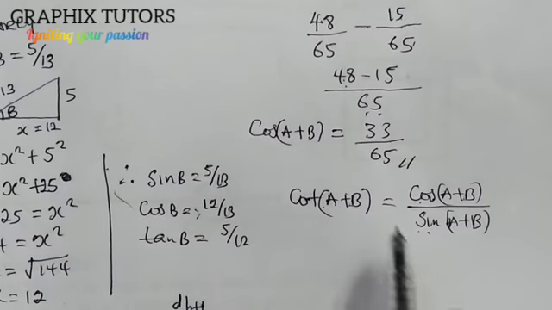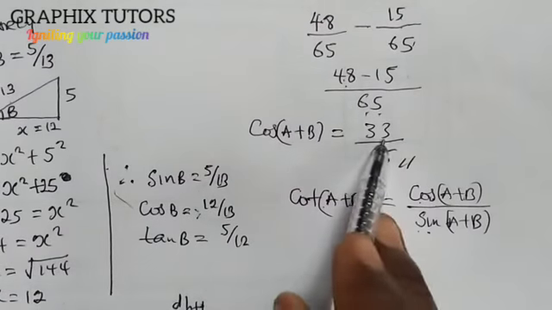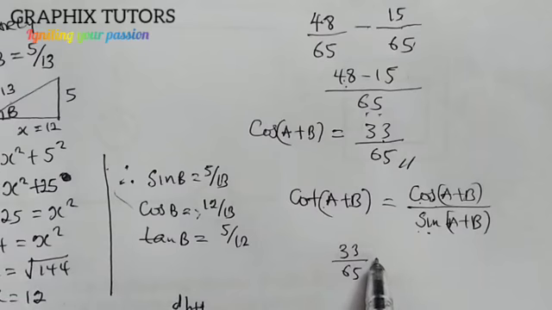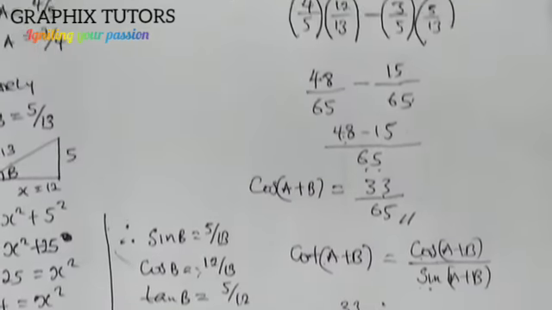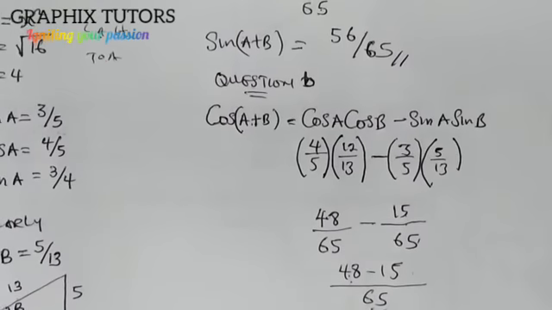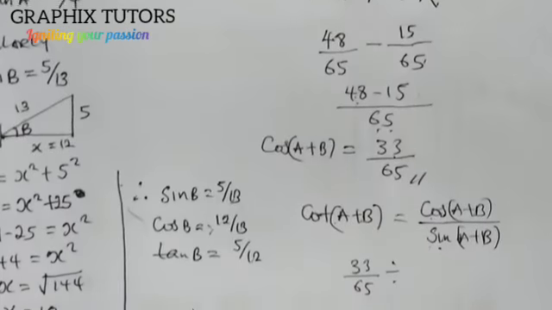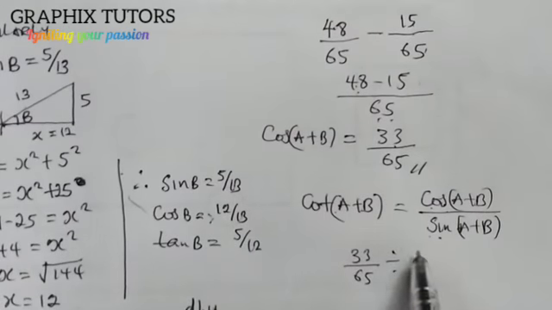Now, if we put in our values, cos A plus B is 33 over 65, divided by sine A plus B, which is 56 over 65.